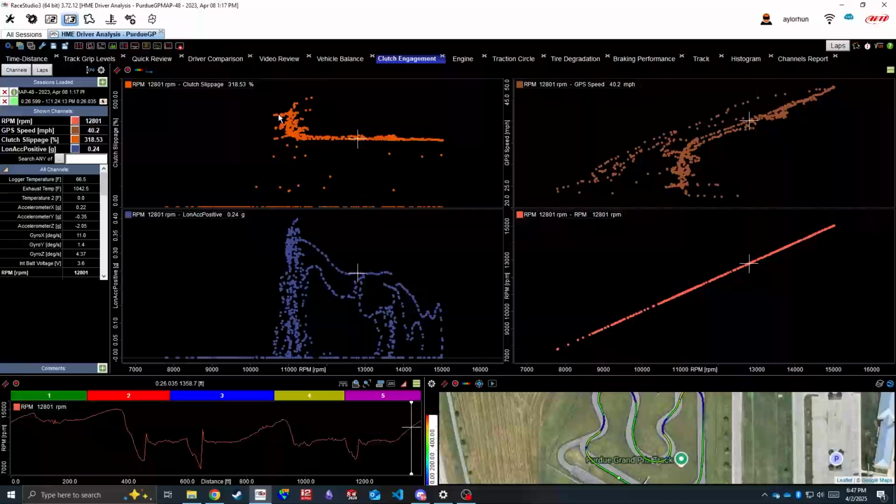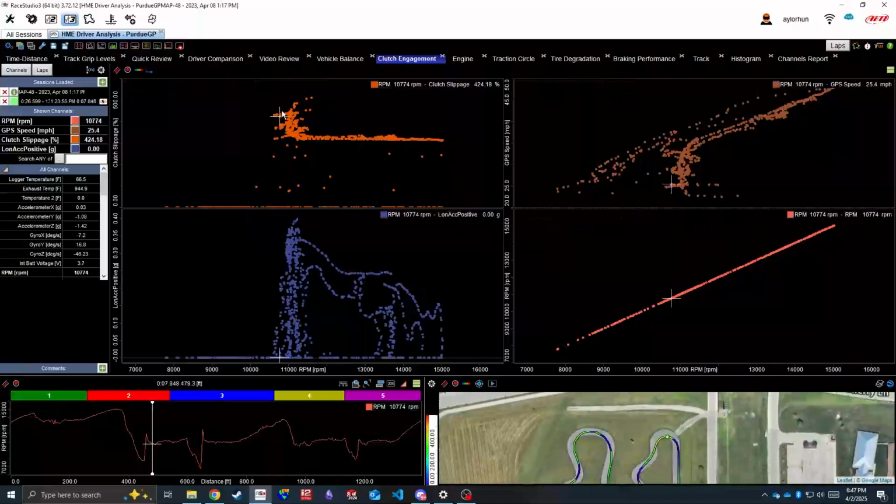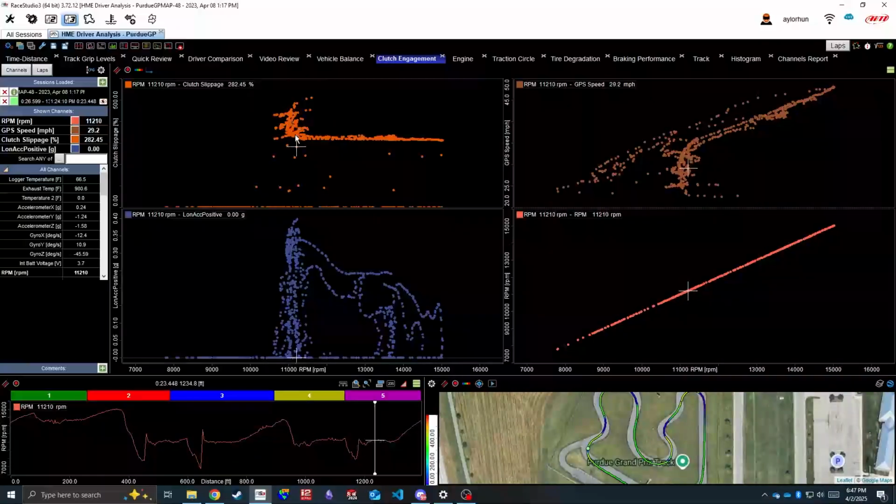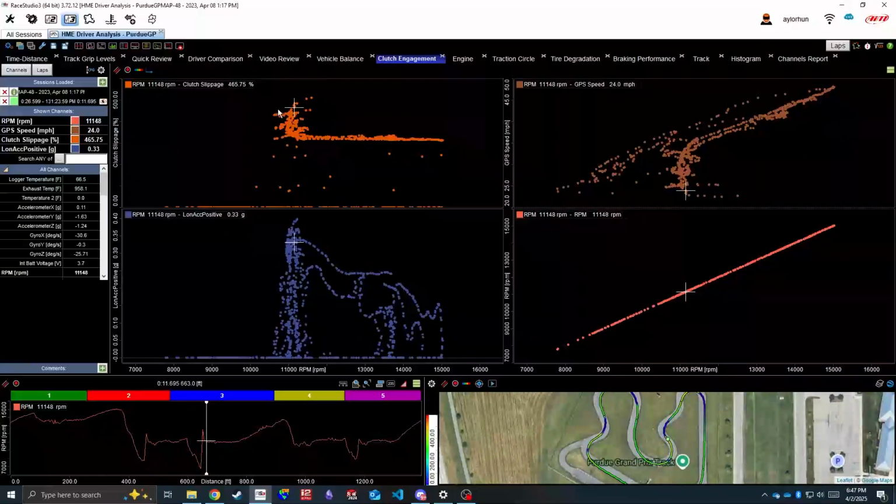What if these values are actually values that we care about, or valid measurements for our clutch slippage? And how many of these are just noise? Well, one way that we can narrow this down just visually, without having to do a lot of complicated filtering and/or math, is to add a third dimension to our plots.